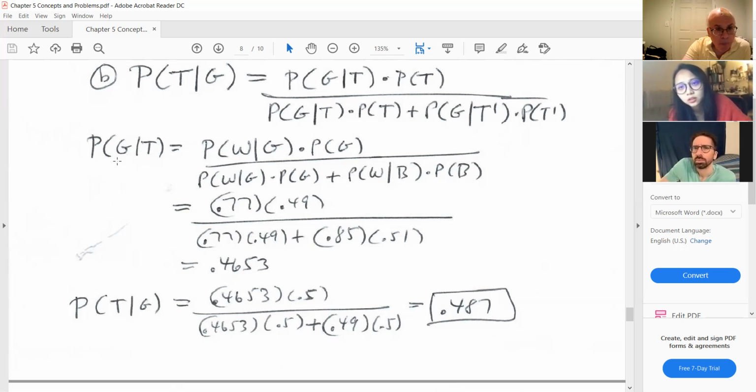let's look at it this way. I skipped a little step here. The probability of G given T is equal to the probability of the treatment group given G. Oh, wait a minute. The probability of the girl being in the treatment group.